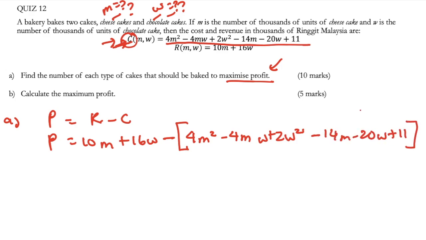Close the bracket. Now, you want to simplify your profit function. Rewrite again 10M plus 16W. Open the bracket. Open minus 4M².